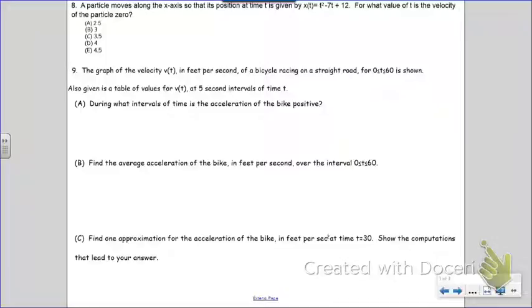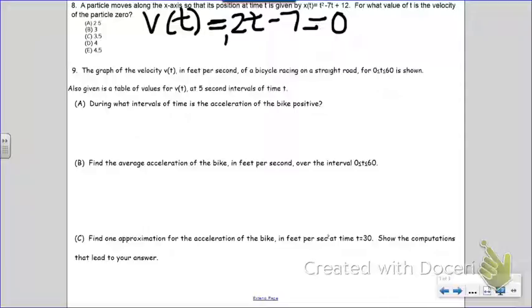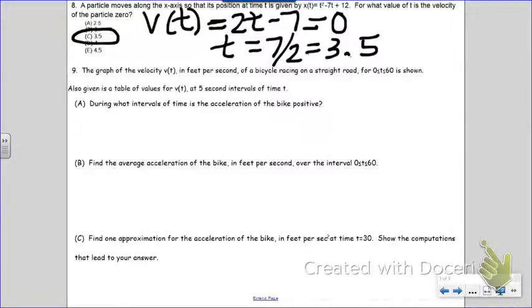V of t equals 2t minus 7. Find where that equals 0. So t is equal to 7/2 or 3.5. Which is answer choice C.